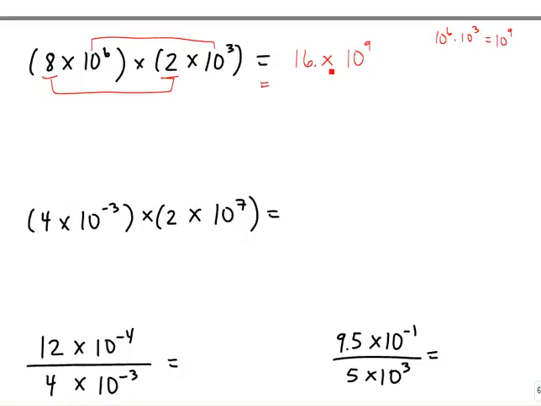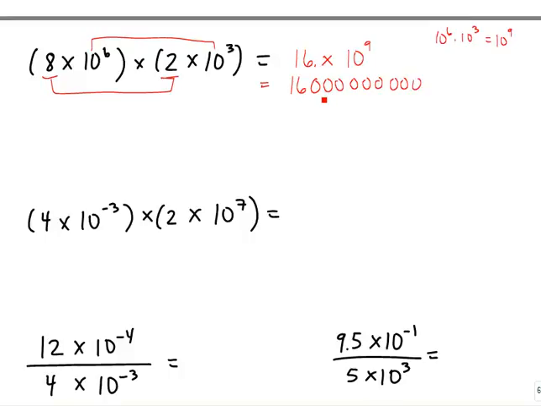So that means putting all those zeros back in. Since this is a power of 9, a positive power, that means we want a large number and we want to move our decimal to the right 9 places. So if the decimal is after the 6, moving it 9 places to the right means I'm going to be adding 9 zeros. So very, very large number.